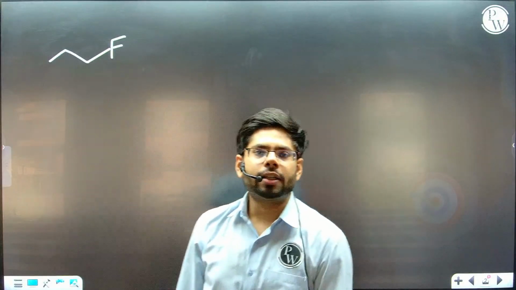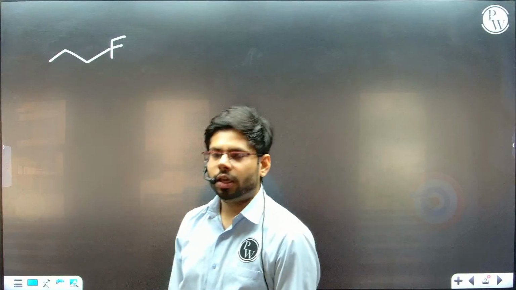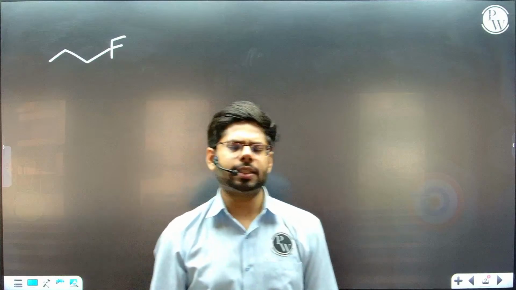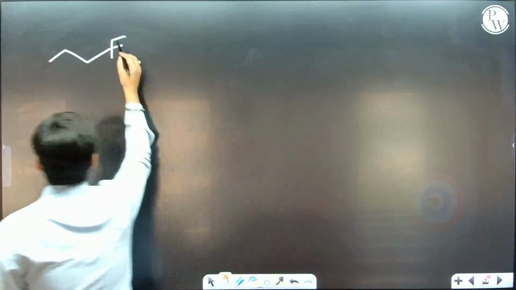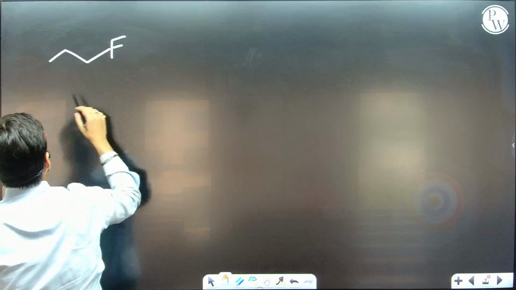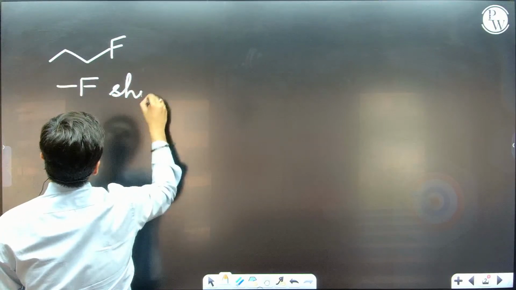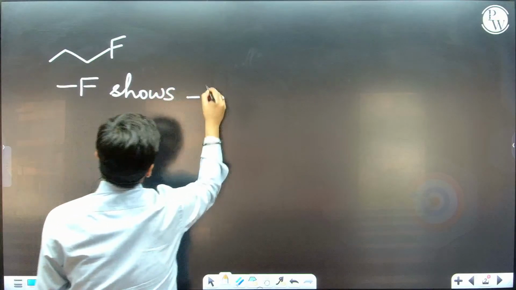Now, if I ask you in this molecule, what kind of effect is being shown by fluorine? Is fluorine showing plus I effect or minus I effect? So I stands for inductive. Since fluorine is more electronegative than carbon, so here I will say that F shows minus I effect.